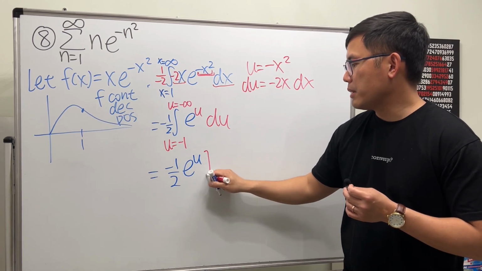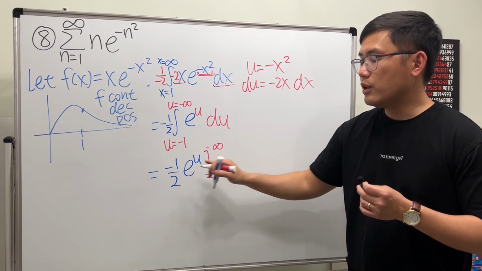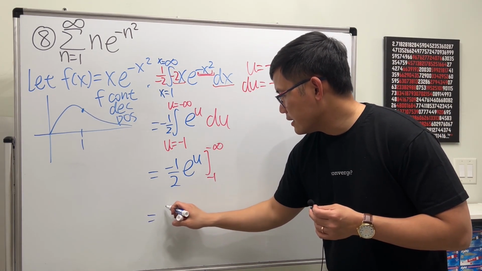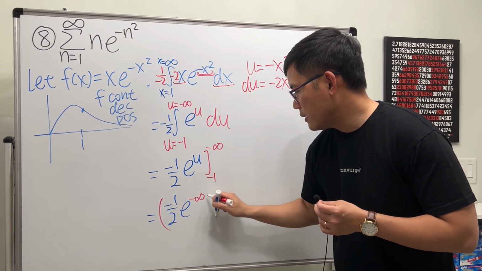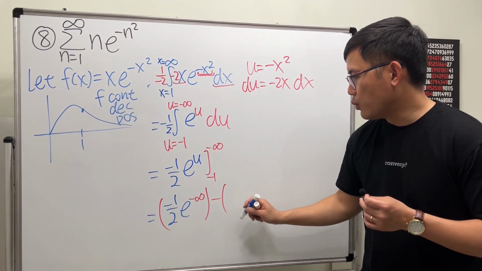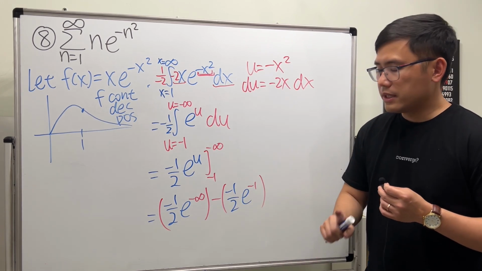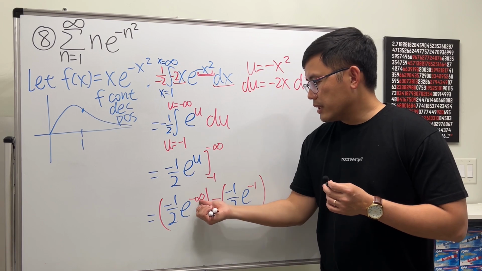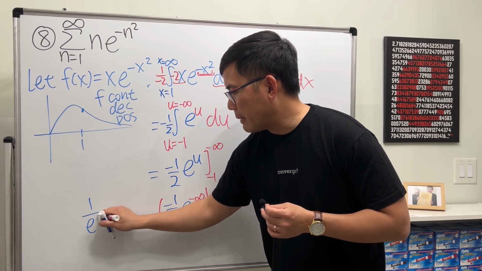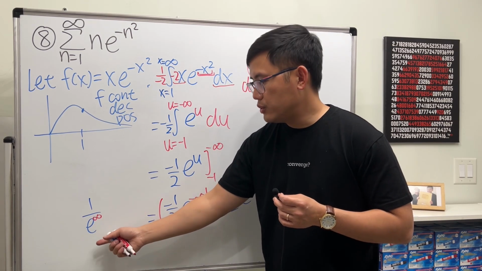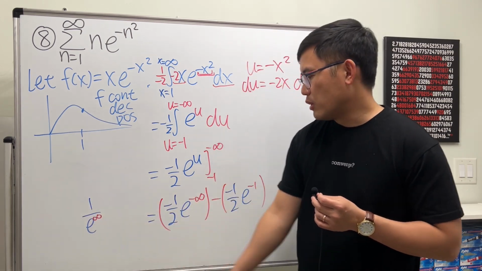Now we are going to be plugging this and that. Negative infinity goes in there first. So we get negative 1/2 e to the negative infinity. Then minus, plugging negative 1. Alright, here's the deal. e to the negative infinity is the same as 1 over e to the positive infinity, which is going to be infinity on the bottom, which tells us this thing will be 0.